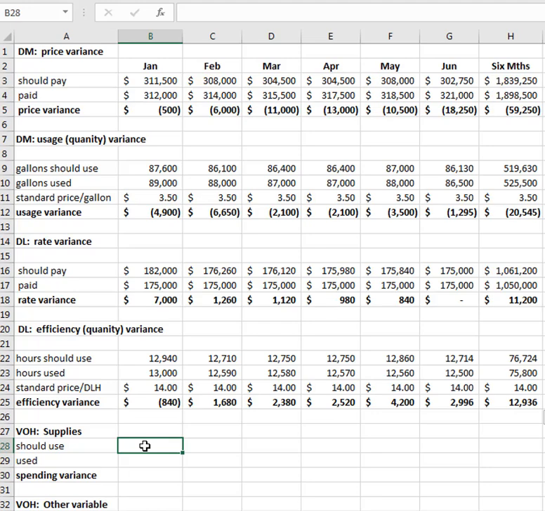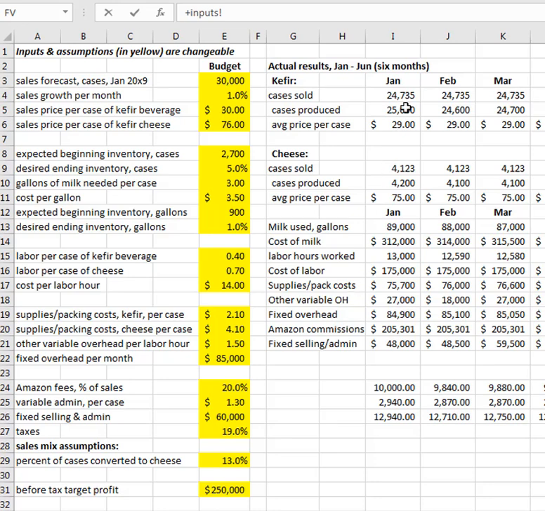Now what about supplies? So how many should you have used and how much did they use? So the supplies differed based on what they were making. So for the kefir, the supplies are going to be the 210. And then if it's cheese, the supplies are going to be the 410. All right, let's get our brackets in here so that it multiplies times the right thing.